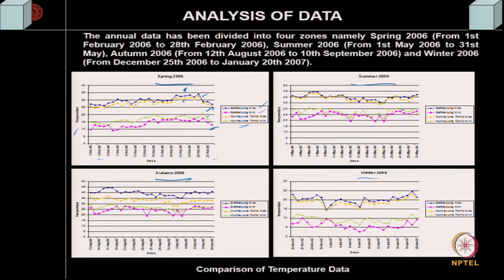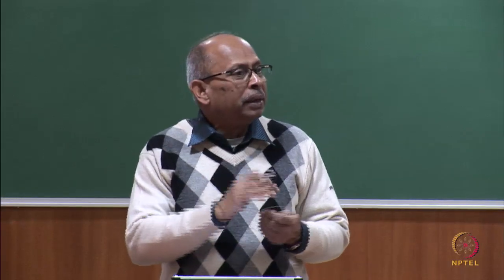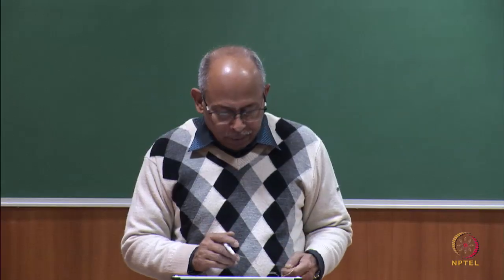If you come to summer, they are similar, but generally the lower temperature is somewhat different; the pink one is Safdarjung. So, diurnal variation was more where you do not have trees. Trees moderate the diurnal variation, that is what you can see.